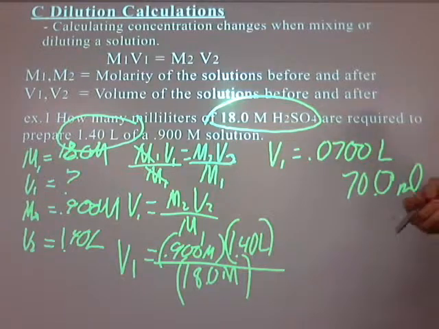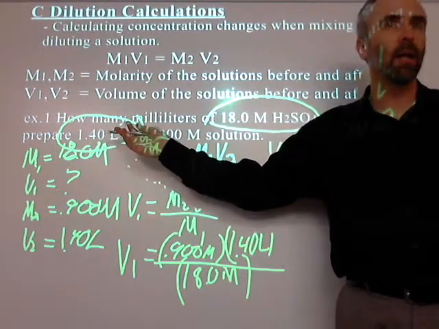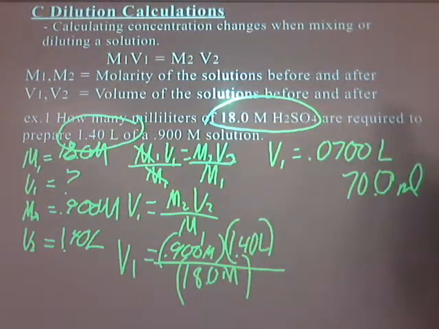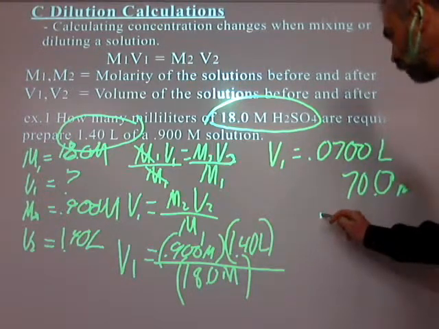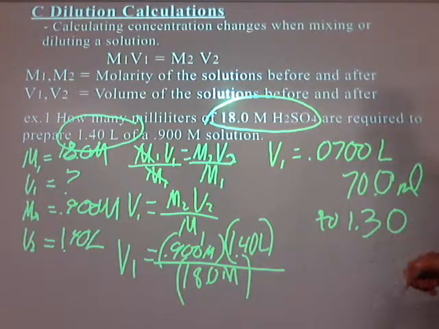What am I going to add that 70 milliliters or 0.070 liters of acid to? Water. How much? I have to subtract away the 70 milliliters from that, right? So how much water would I actually add? 1.33.